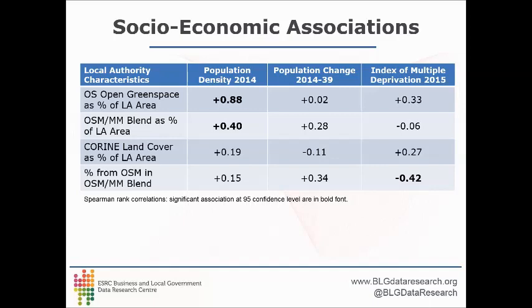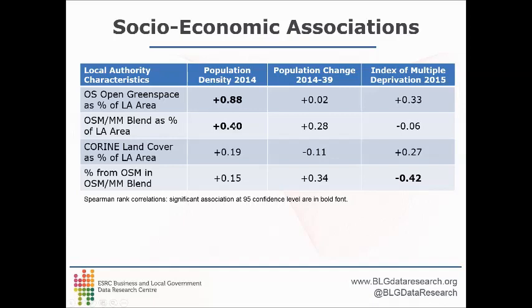So we have in the rows of the table that you can see different sorts of measures of the extent to which the OS Open Greenspace as a percent of local authority area, the Blend database as a percentage of local authority area, Careen as a percent of local authority area, and then the percent from OpenStreetMap in the OpenStreetMap and MasterMap blend.